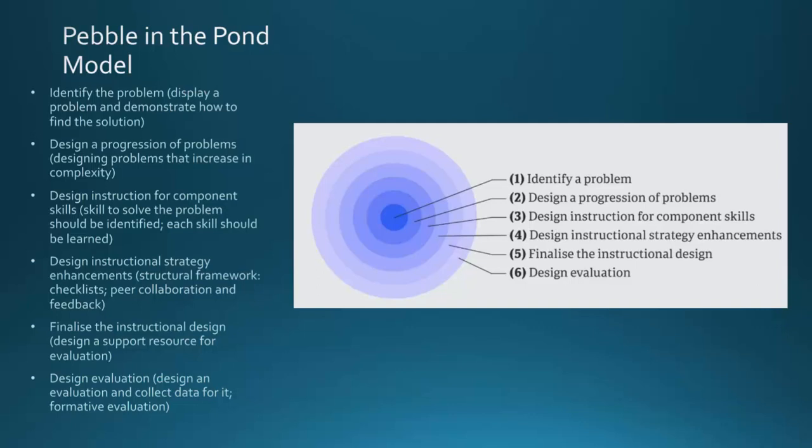Fourth is the design instruction strategy enhancements. This is the structural framework. One example of instructional framework is a checklist, making sure that the learner has learned every element to what they need to learn. Also, this is where you can get peer collaboration and feedback.